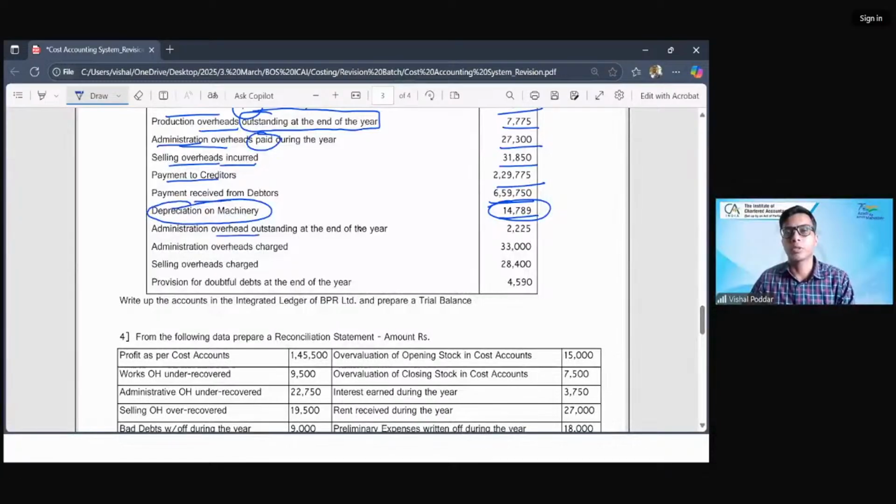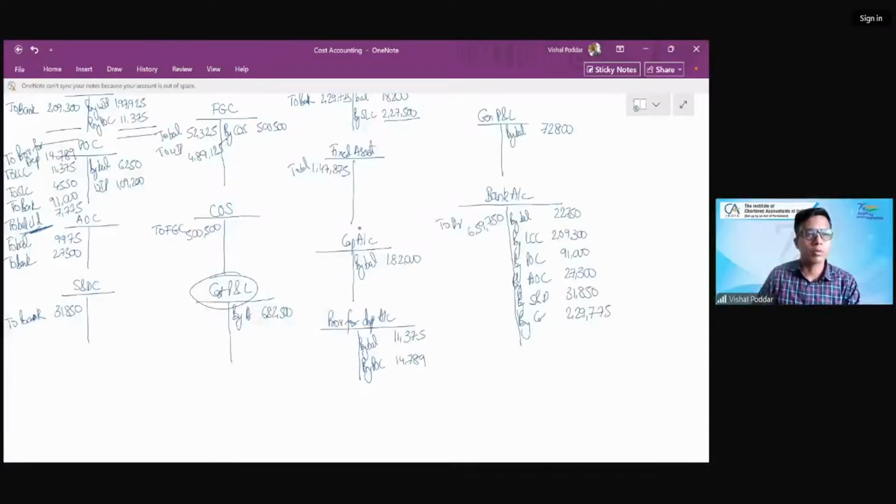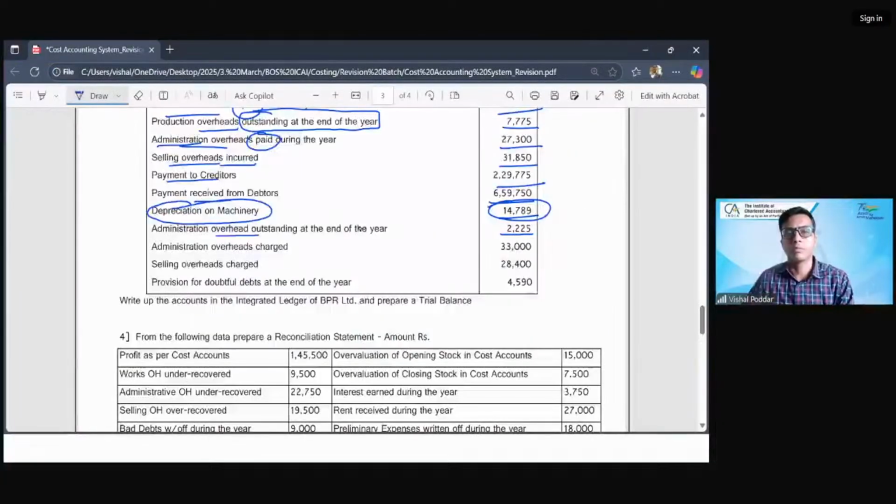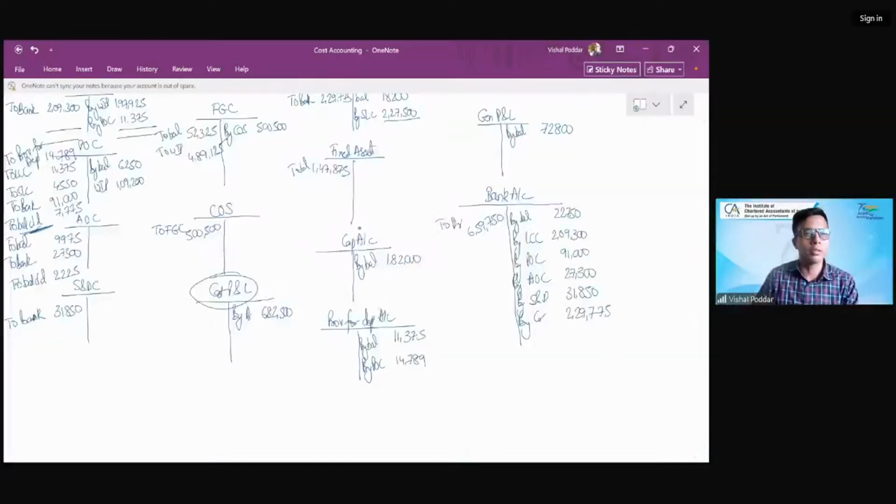Administration overheads is outstanding. Administration overheads charged 33. Where is it charged?